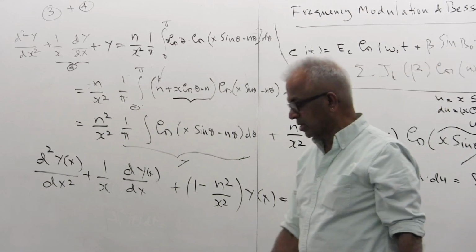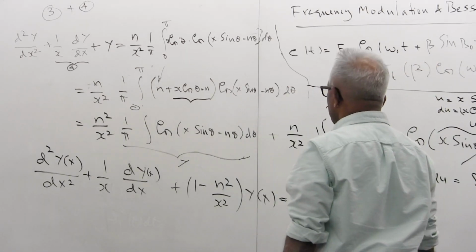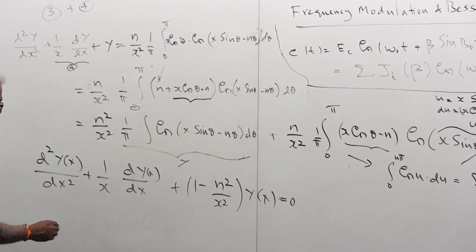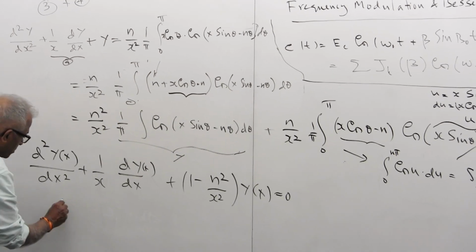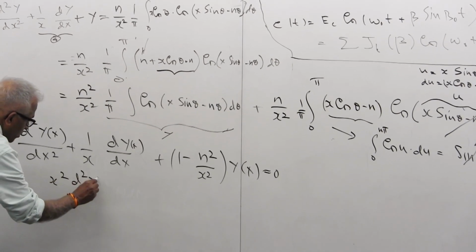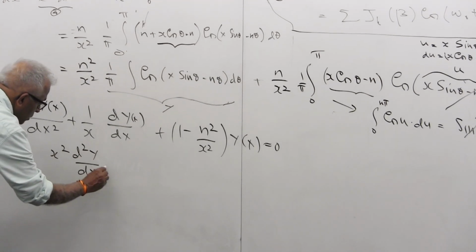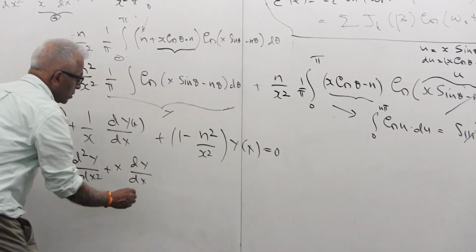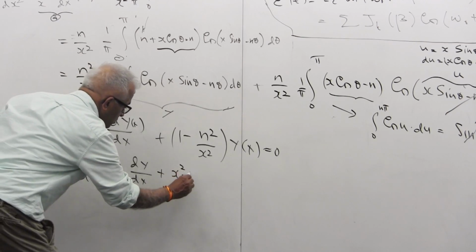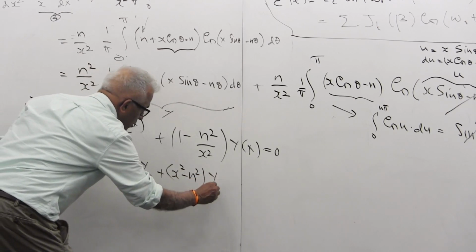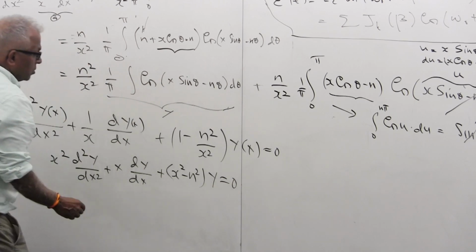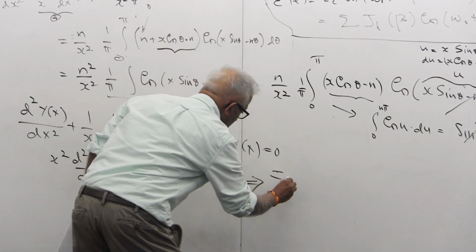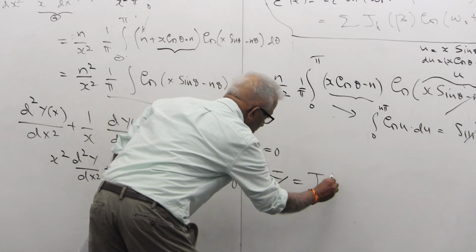That's the differential equation we are looking for. This is the Bessel differential equation. It's also written sometimes as multiplied by x squared, so x squared d squared y by dx squared plus x dy by dx plus (x squared minus n squared) multiplied by y equals 0, whose solution y is J_n of x.